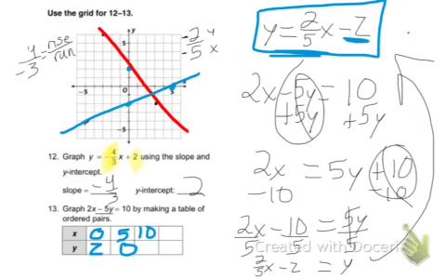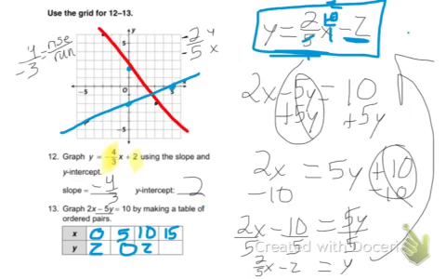If we use 10 here for x, this becomes 10 over 1. We can cancel that, and it becomes 4 minus 2, so we get 10 and 2. The next multiple would be 15, or we could have gone to a negative. That would have been fine.